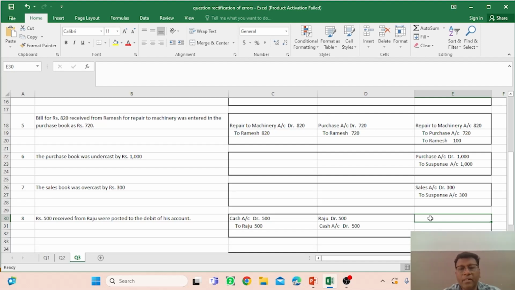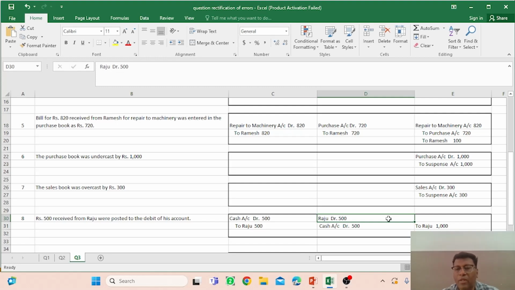But Raju should have been credited by rupees 500, and you posted the entry in the debit side of Raju. So you have to make this account credit, to Raju, but focus on the amount: it should be 1000, because the effect of the wrong entry should be removed.